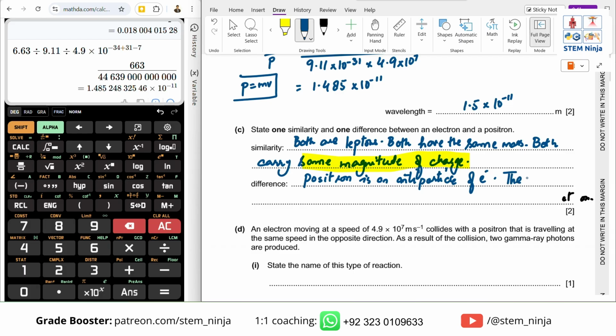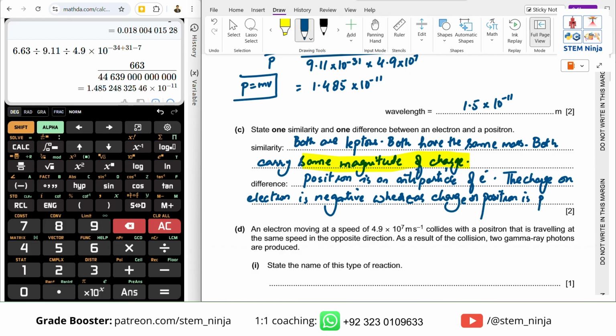So the charge on an electron is negative, whereas the charge on a positron is positive. So you just need one of each of these.